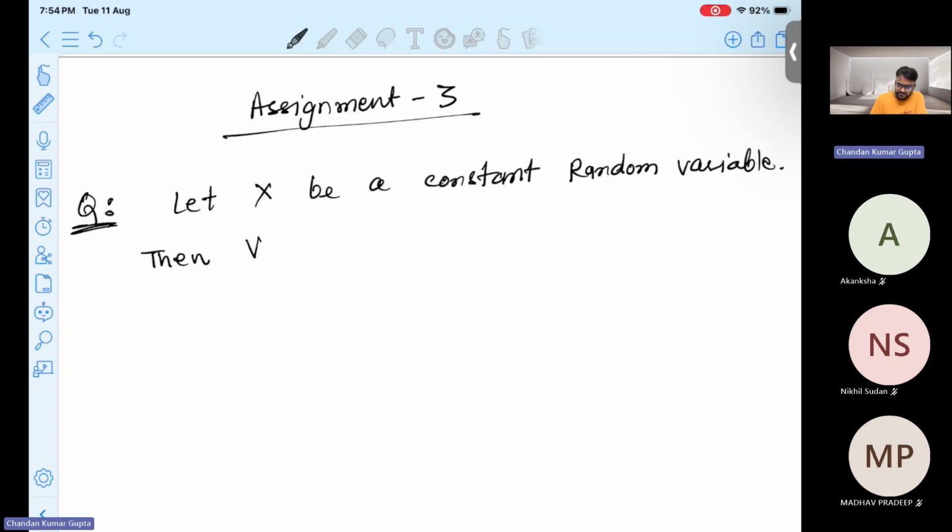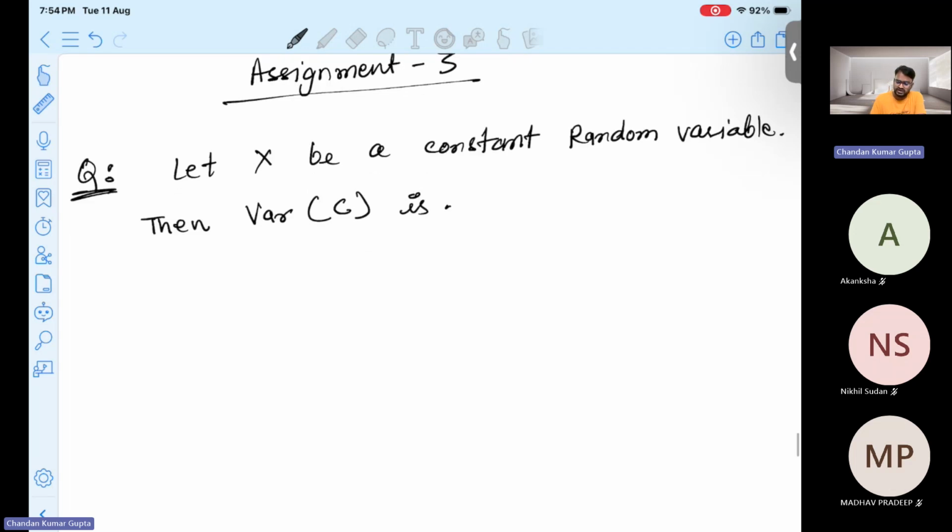Then we need to find the variance of the constant c. As we have already discussed, the variance of a constant is nothing but zero itself. But let's solve this. What is the formula for variance?